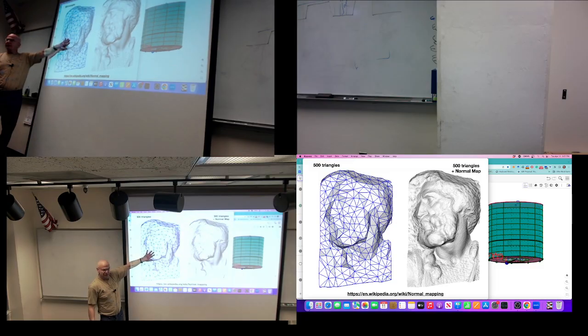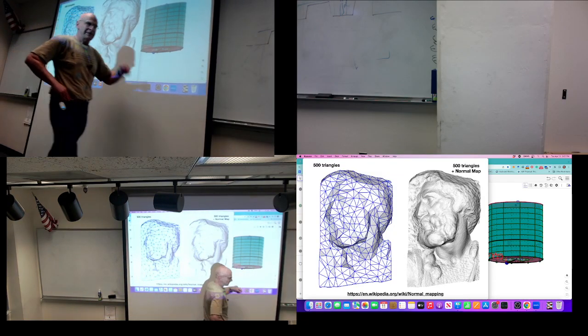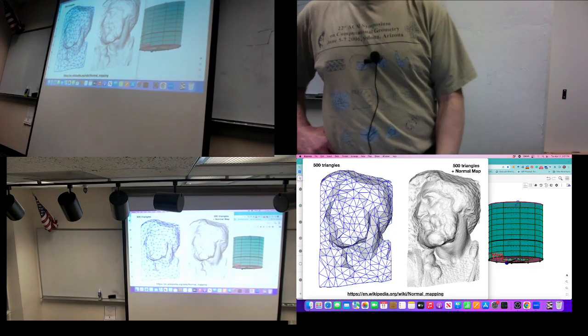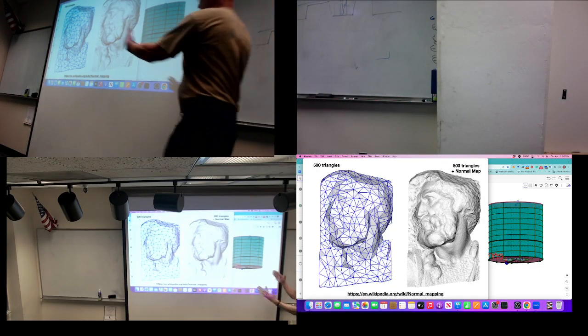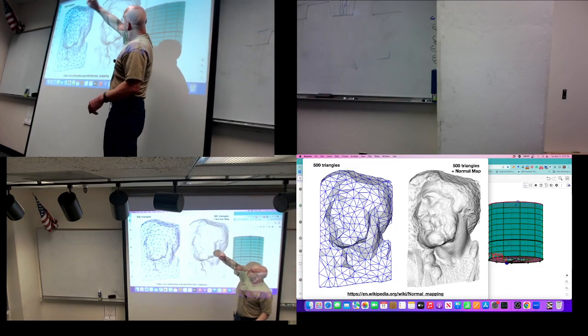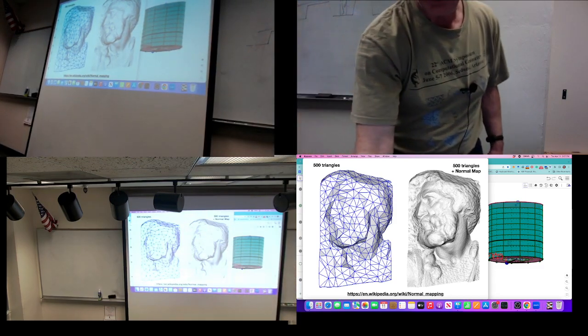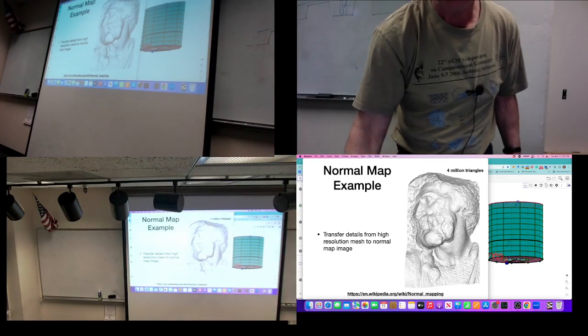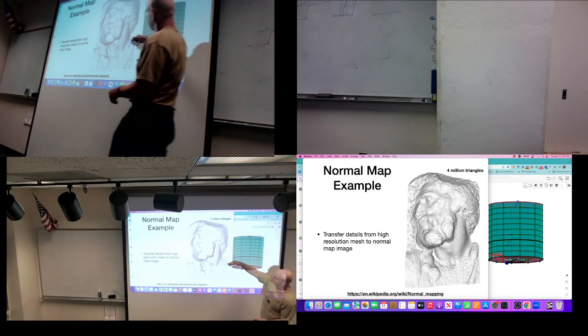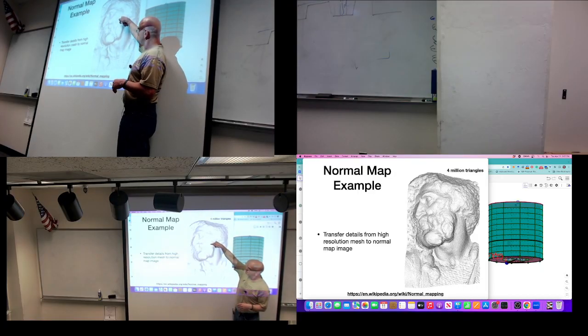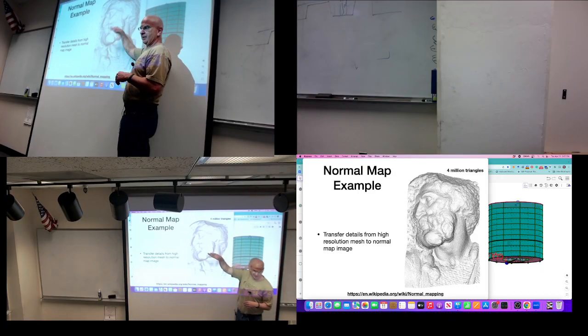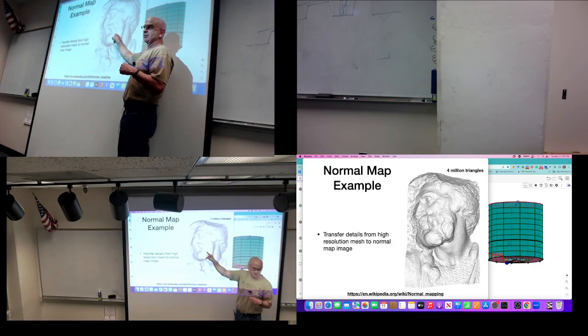Make sense? Because each one of the triangles is associated with an image of normal map that was created from the original 3D statue. So once again, what is the process that you see summarized here? They started from the 4 million triangles that captured all the small details of the 3D structure, from which I created the normal at each point.